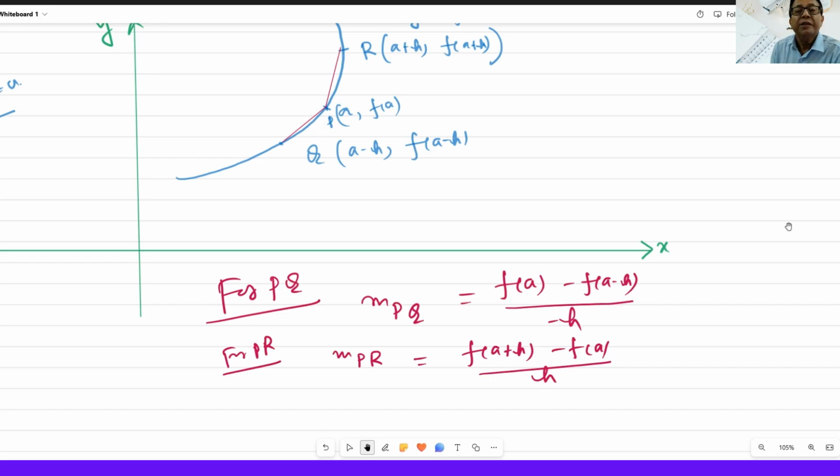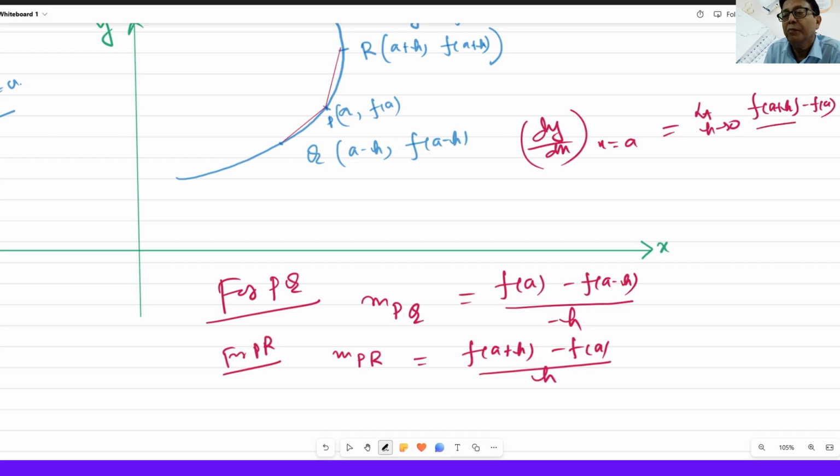And dy by dx at x equal to a, if you find, is limit h tending to 0, f of a plus h minus f(a) by h. Can they be equal to this or this?